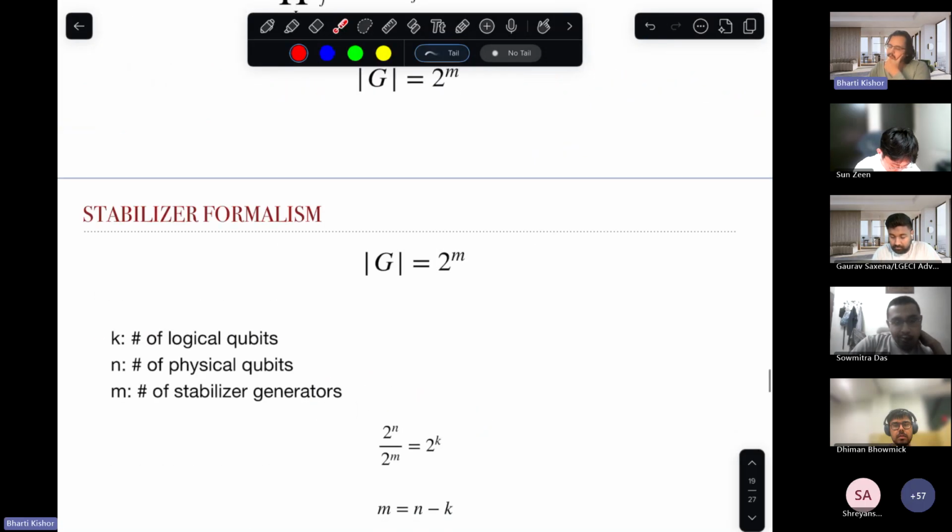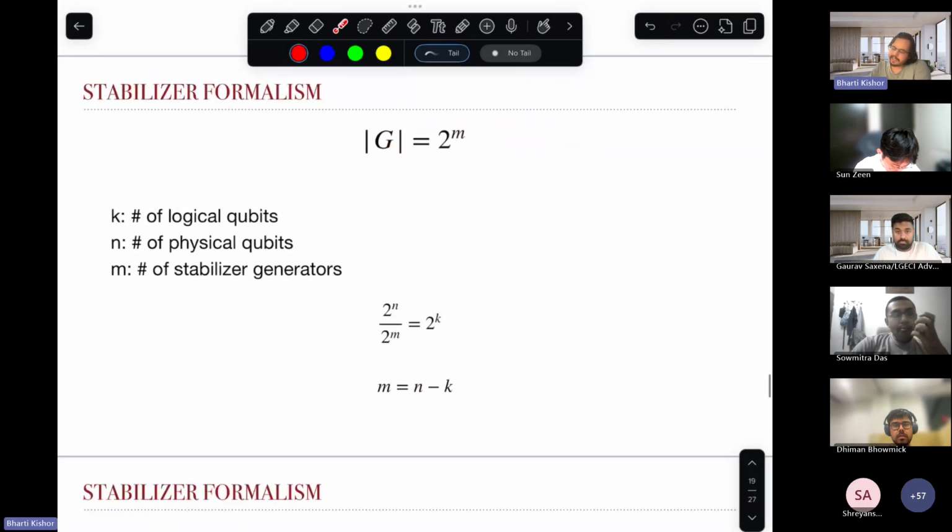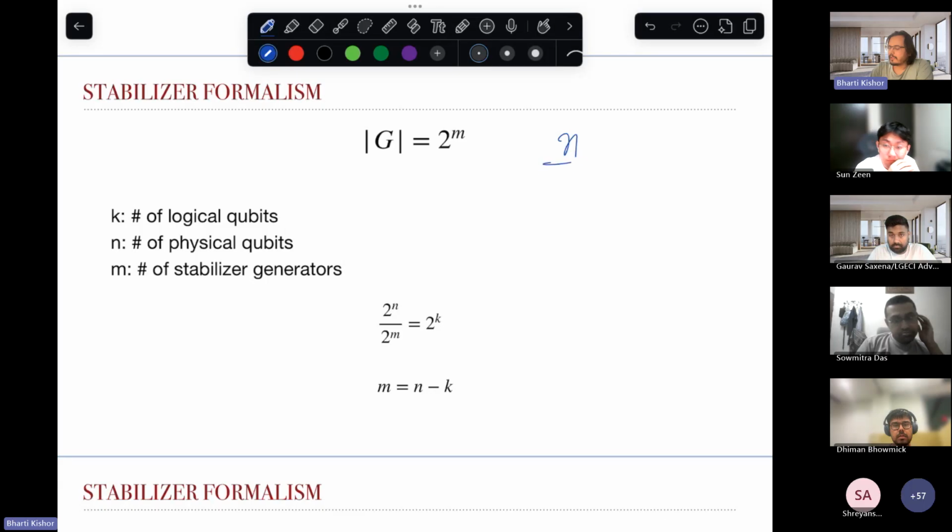Now that's very useful, because let's say you start with n qubits, then the size of the Hilbert space is 2 to the power n. And every stabilizer basically partitions your Hilbert space in two parts, because they are Paulis. So your quantum state can be in the +1 subspace, or in the -1 subspace.